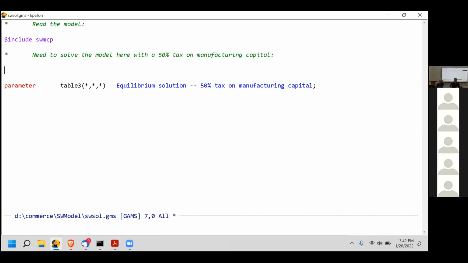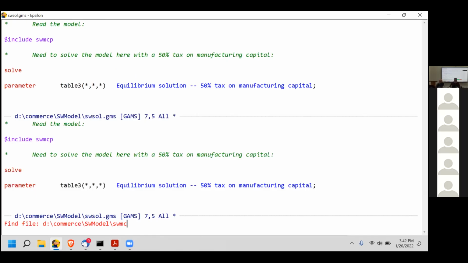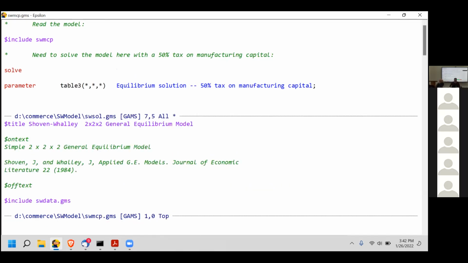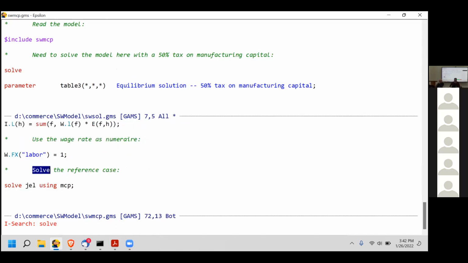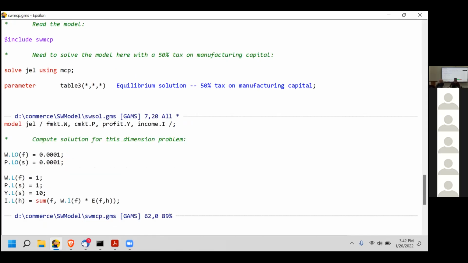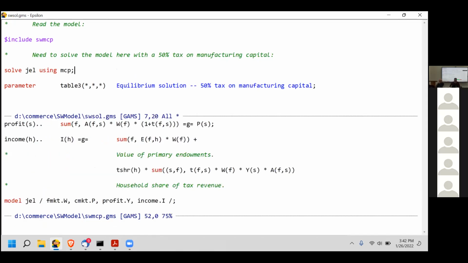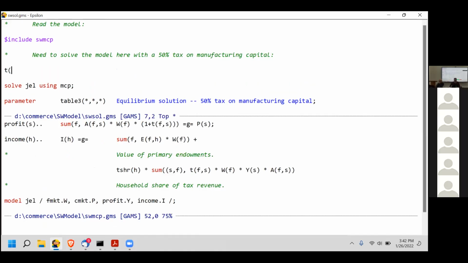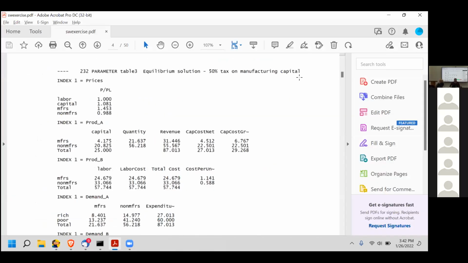That's going to be solve. So solve JEL using MCP. And we know we have to put a 50% tax. So it's going to say T of quote capital, comma, and I forget what it's called, manufacturing.